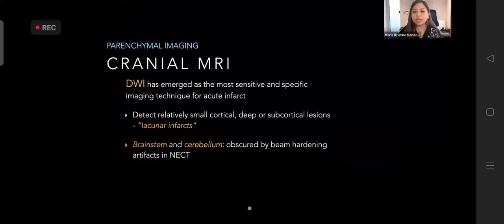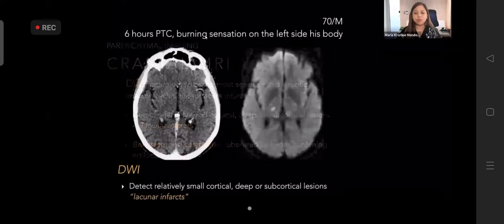Another advantage is that it can detect relatively small cortical, deep or subcortical lesions, or the lacunar infarcts. You cannot see the acute lacunar infarcts on CT scan. And as we know, it is also more sensitive in demonstrating infarcts in the brainstem and cerebellum, which can be obscured by beam hardening artifacts in CT scan.